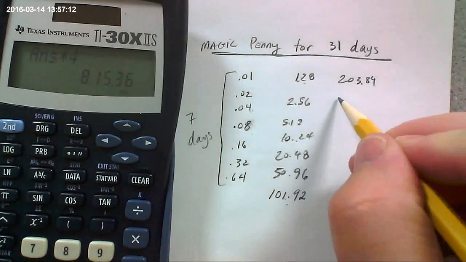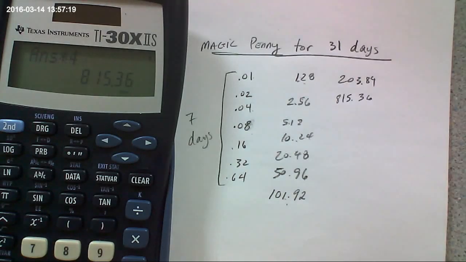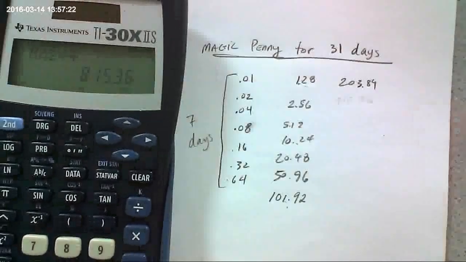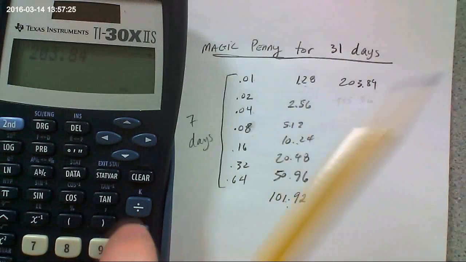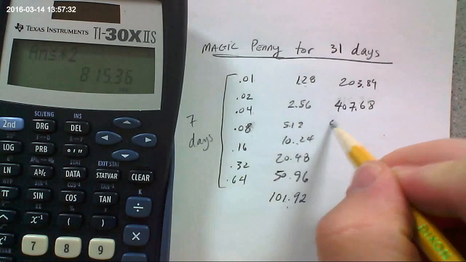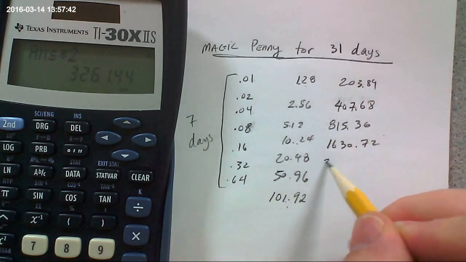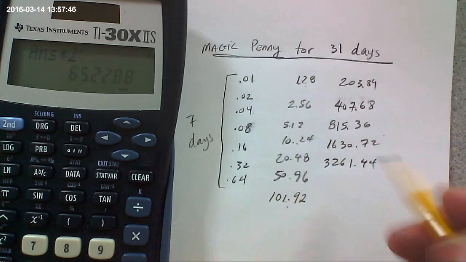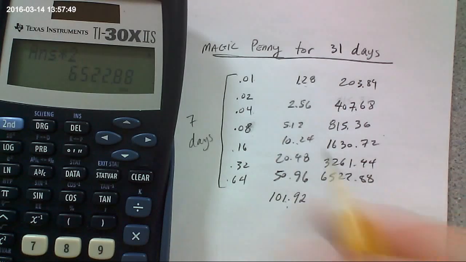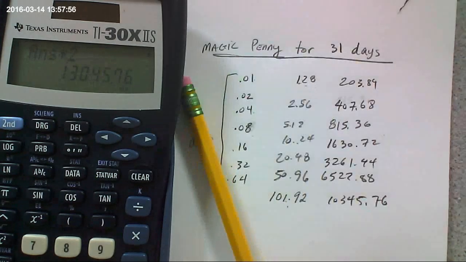Getting rich. Okay, you're at $10,000 at the end of your 3rd week. You still feeling good about your penny?